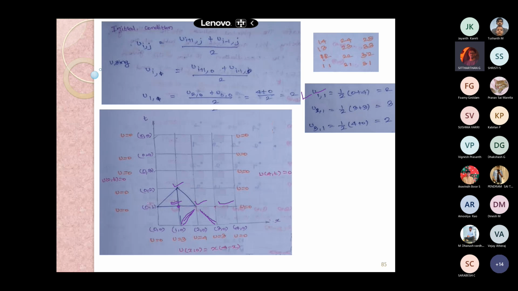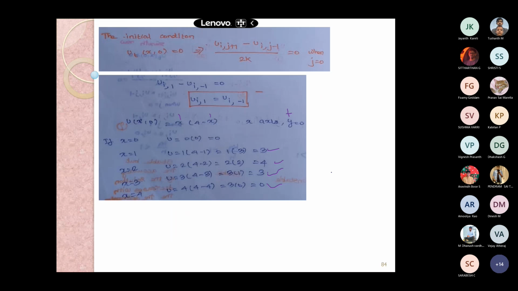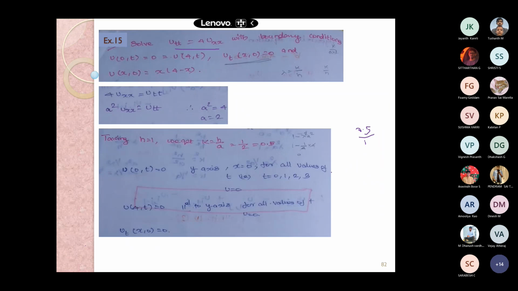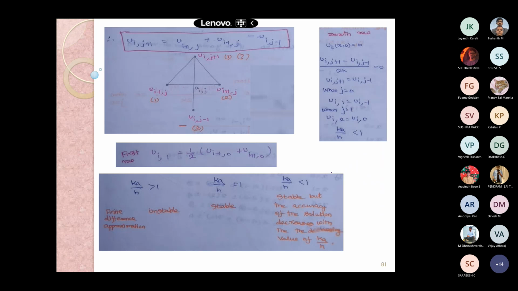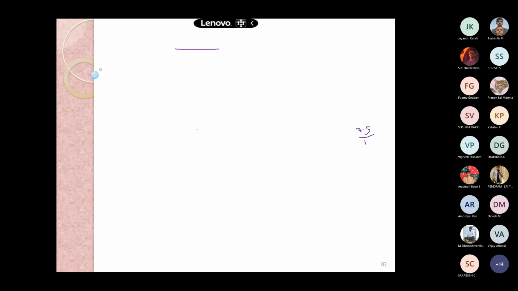Yes, sir, I'll tell you for this particular point, you calculate the other two. We'll check the formula first. 1, 2, and here we need to consider minus.